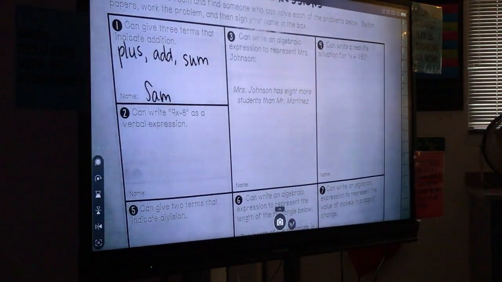I'm doing the same one, because I did the same one for Drake. Would I be able to do the same one? I'll just change it again. Are you spelling your name?